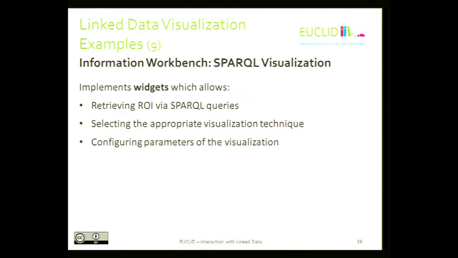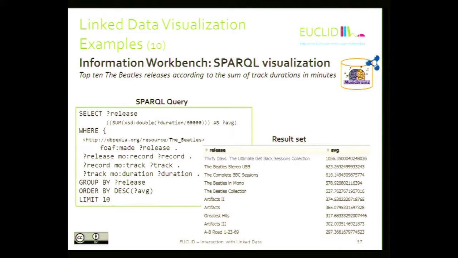Then you have finished doing your visualization. So what does it look like? For example, we have a query like, give me the top 10 of Beatles releases according to the sum of their track durations in minutes. Then you have to translate that into a SPARQL query, something like this. And you get some result set.